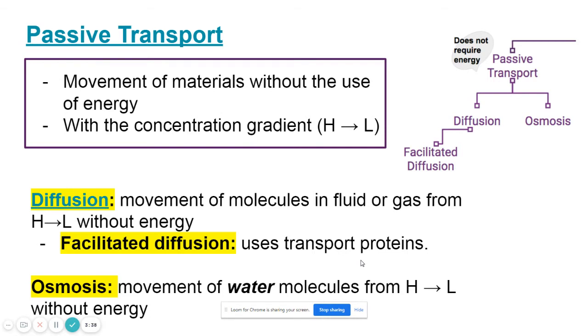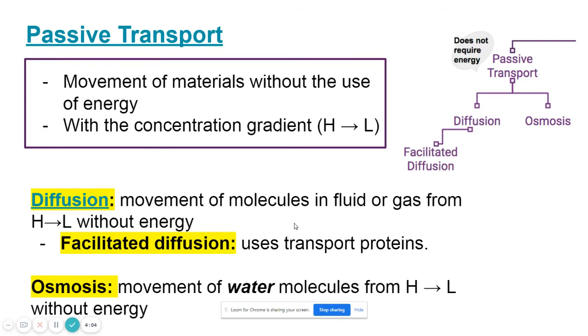Therefore, particles that are small or nonpolar will be able to diffuse in and out of the cell membrane without the need of any help or any external molecules to bring them in and out. So if a molecule is very small, or if it is nonpolar, it will be able to diffuse in and out of the cell membrane without the need for any external help.